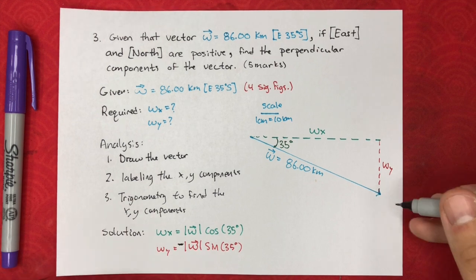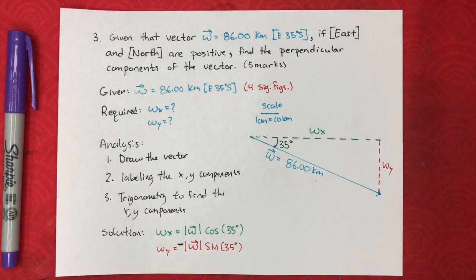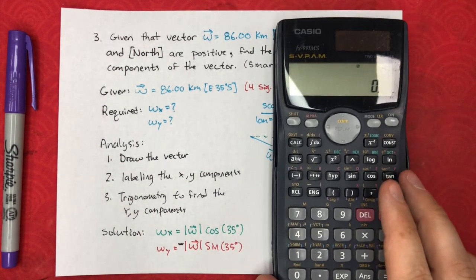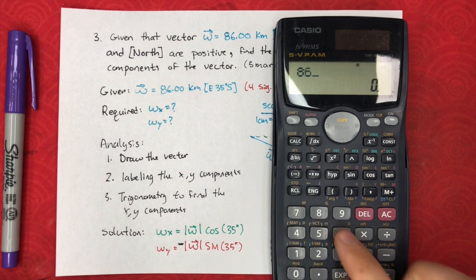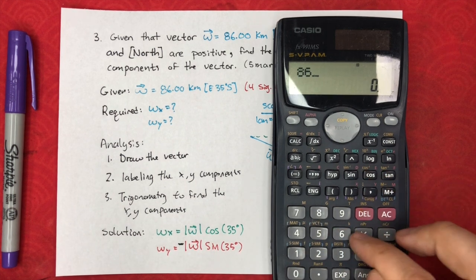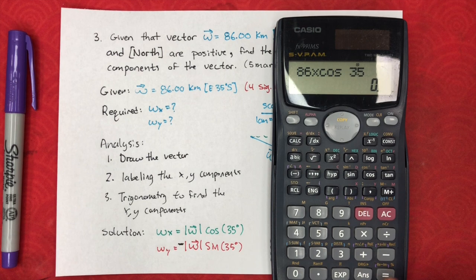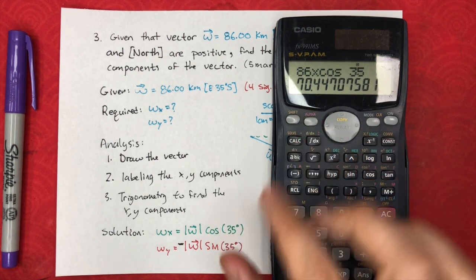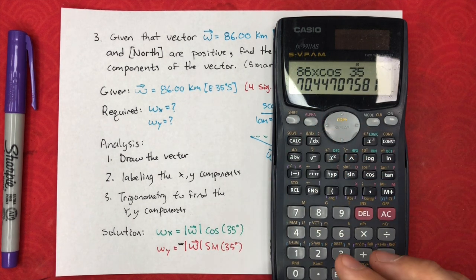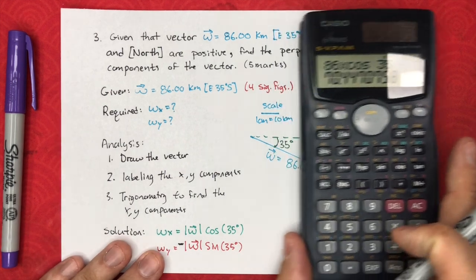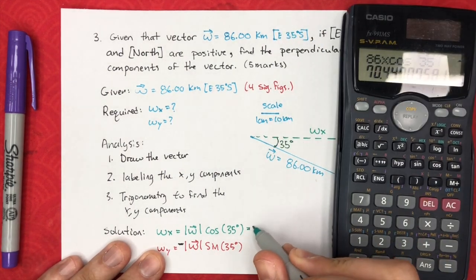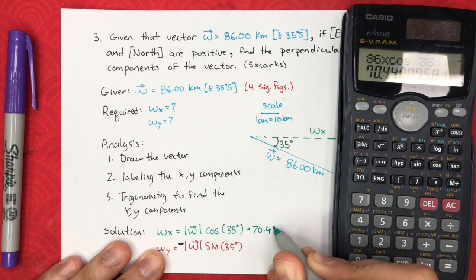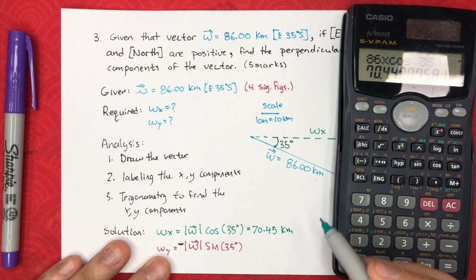Okay? So take out your calculator. The length of W is 86. We're going to multiply that by the cosine of 35, and our answer will be 70.447. Rounding that off to 4 significant figures, our answer should be 70.45, and the units are going to be kilometers.